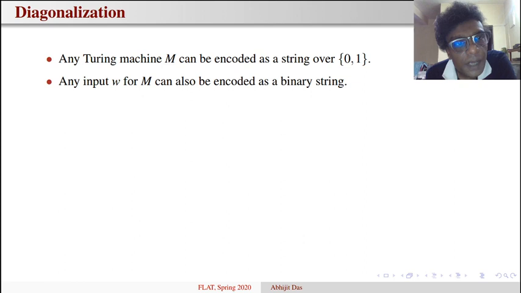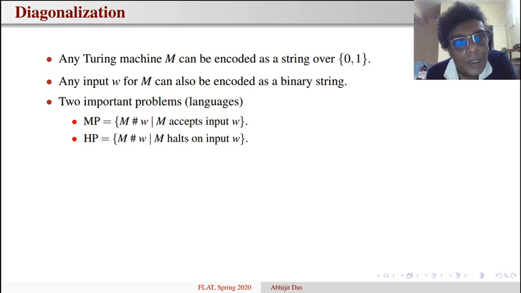Recall that we have proved that any Turing machine can be encoded in binary, and any input for that machine can also be encoded in binary. This enables us to define two important problems in this context.